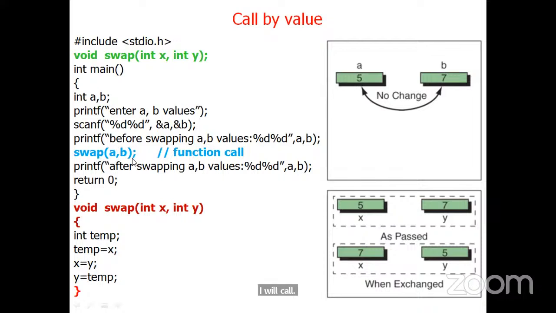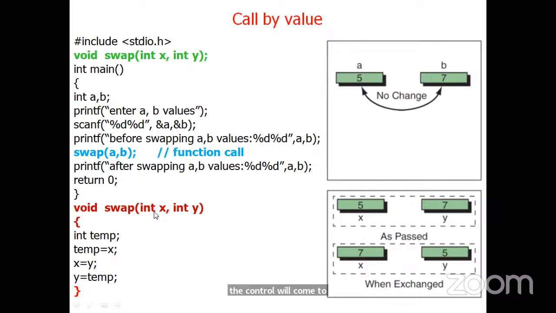Swap of a, b means 5, 7 goes to the swapping function. The control will come to the swapping function.